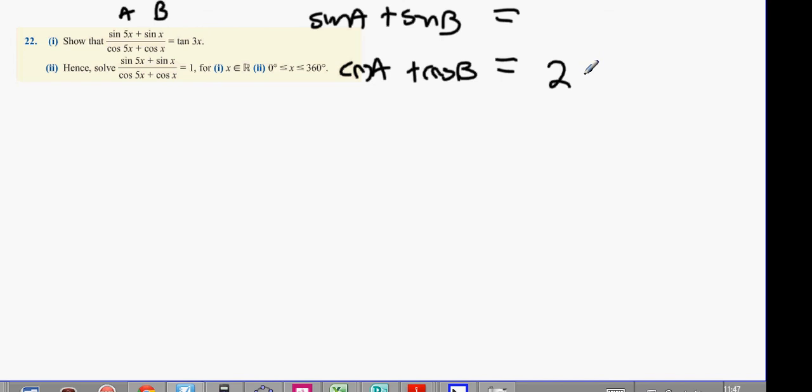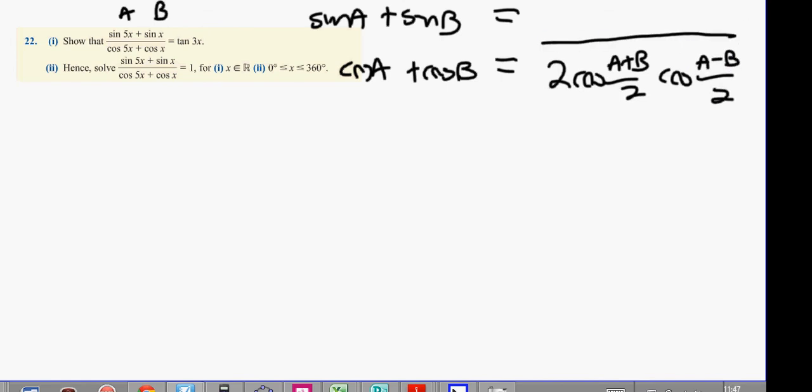I'm going to get 2 cos a plus b over 2, and then cos a minus b over 2 on the bottom, and then on the top I'm going to get 2 sine a plus b over 2 and cos a minus b over 2.